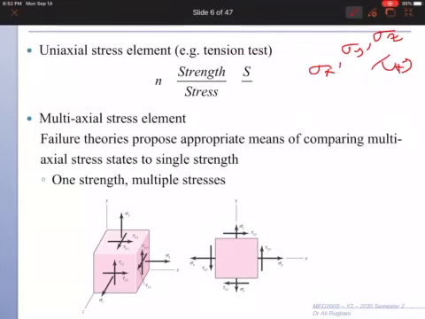And then we went one step further and we calculated principal stresses, sigma 1 and sigma 2. So we have so many stresses, but the material only has one strength. The failure theories will relate or connect all these stresses to the strength of the material, and will help you to prevent failure and to select a material that can withstand all these stresses.